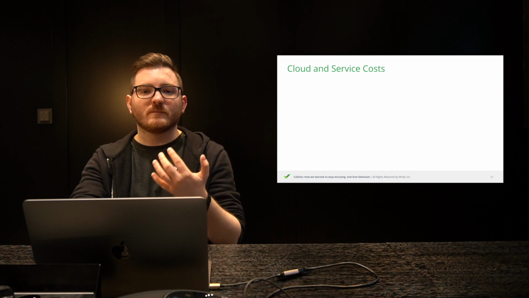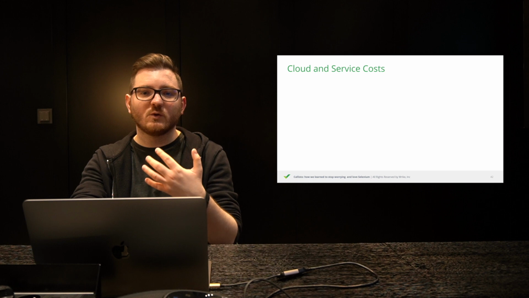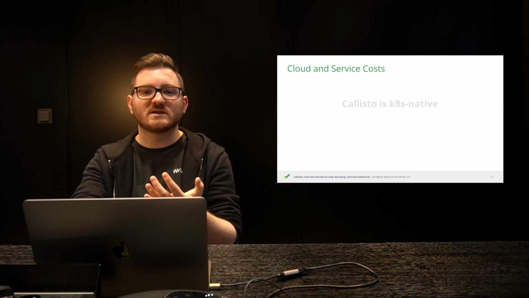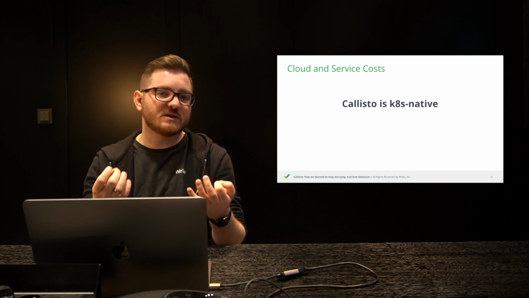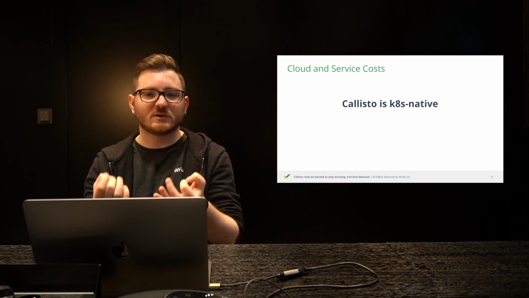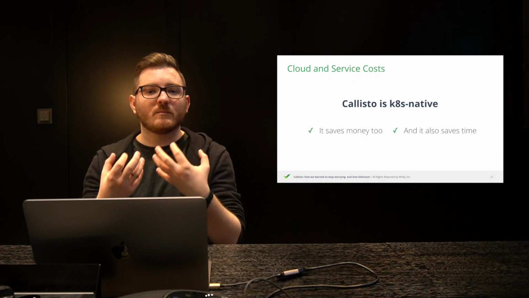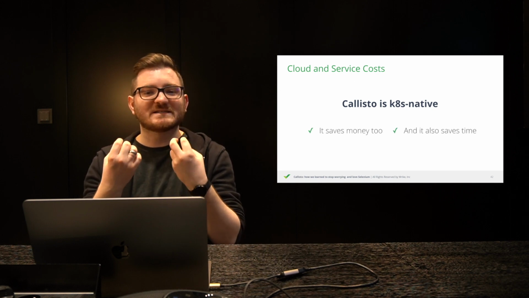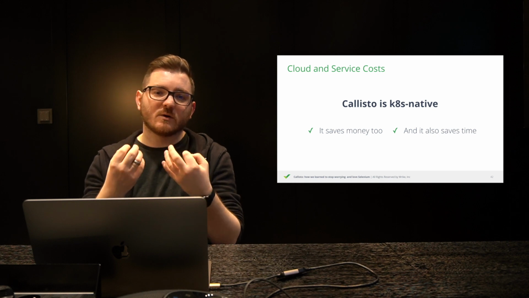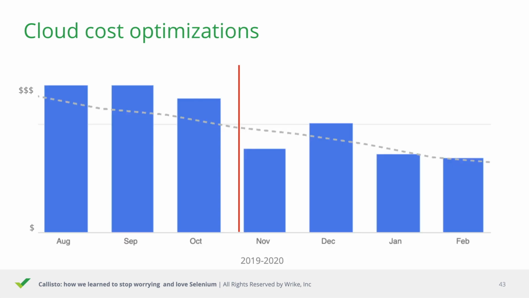So if you start to use Callisto, you can fix all these issues, because Callisto is Kubernetes-native and it's a reliable and stable solution out of the box. It saves your money too, but it can also save the time of your operations teams.